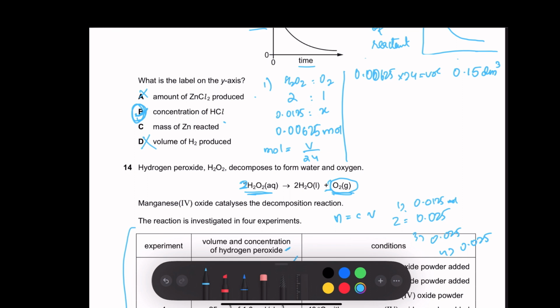So in experiment 2, we have 0.025 moles of H2O2. For oxygen, it is going to be divided by 2 and it will be 0.0125. Now the volume of oxygen would be 0.0125 into 24, just like the previous steps, and it's 1.8 dm cube.